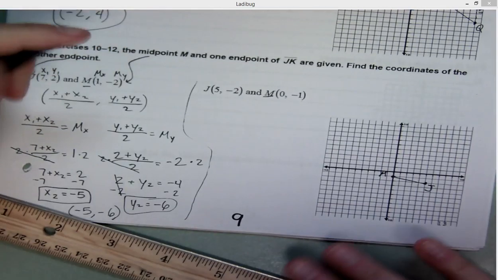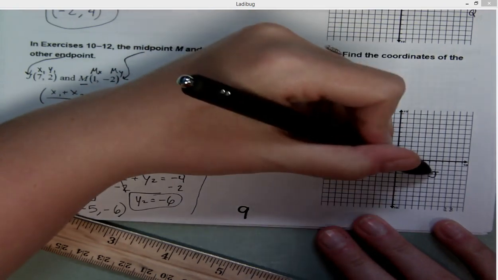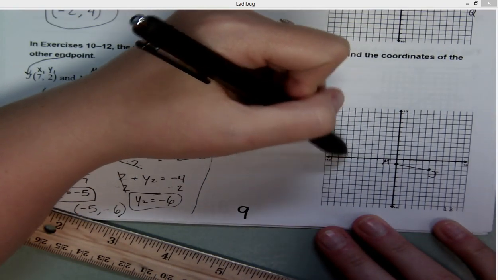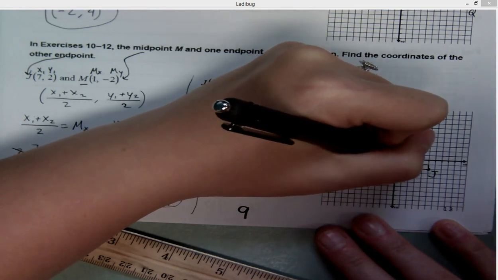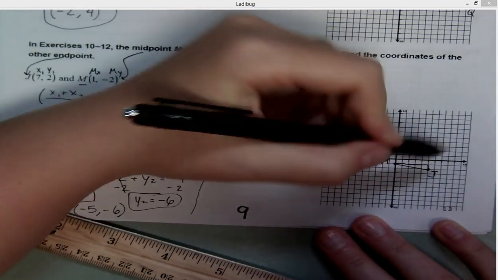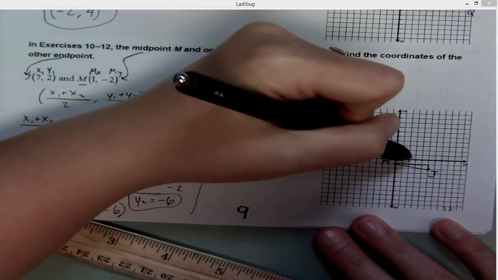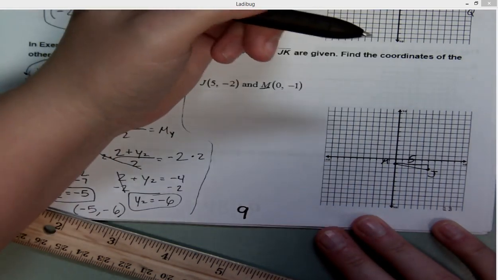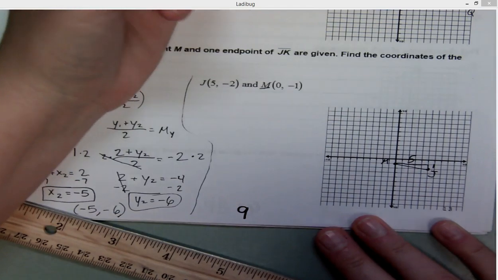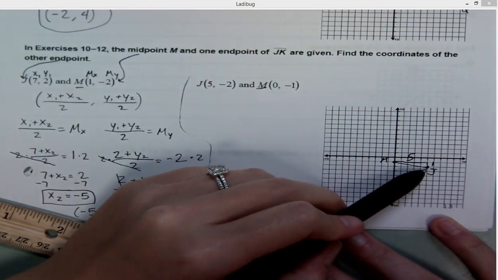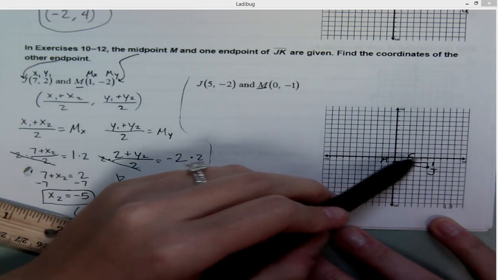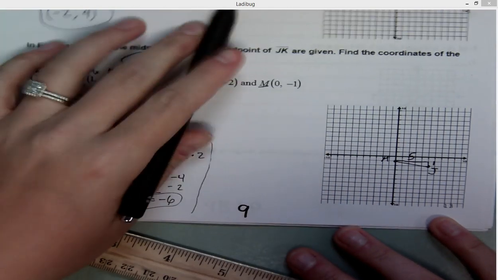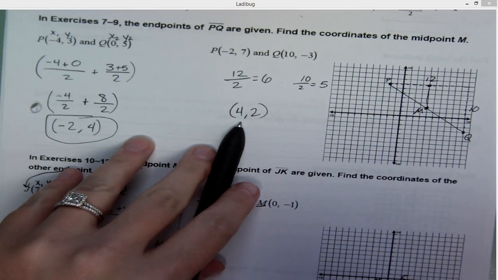So to find the other endpoint, if one of our endpoints is here, the other one's going to be somewhere over here. This is going to go up and over. You figure out what's the change in the y value, what's the change in the x value. It goes over 5, it goes up 1. And so if halfway is up 1 and over 5, the whole way should be up 2 and over 10. So you're basically doing the opposite of what we did up here when we divided by 2.